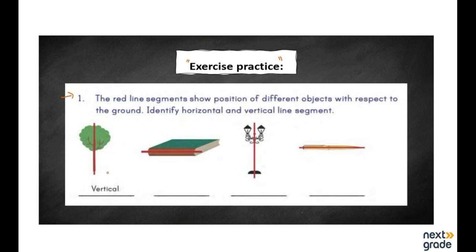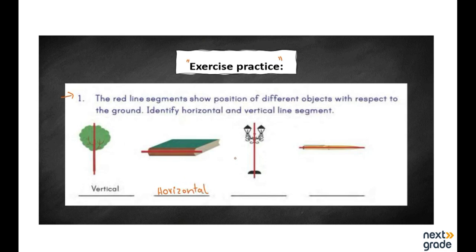So you can see this is a tree, and the line segment is up and down. So we say that this one is a vertical line. Next, we have a book, and the line segment is left to right. So we will say that this one is a horizontal line.